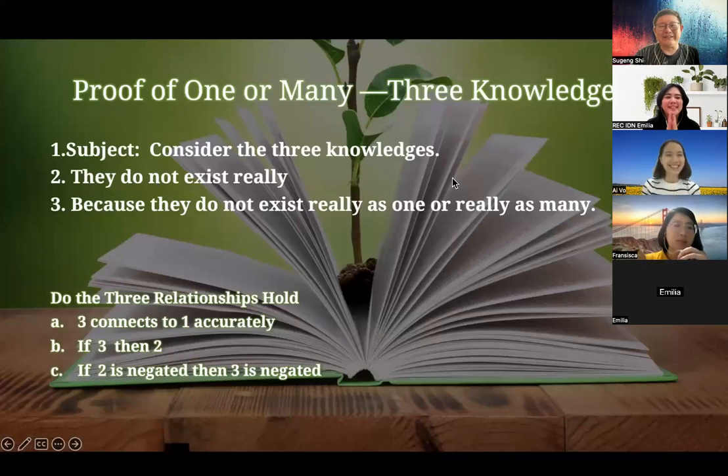All right. Proof of one or many, Chik-to-drel. We use the 3 knowledges. What are the 3?